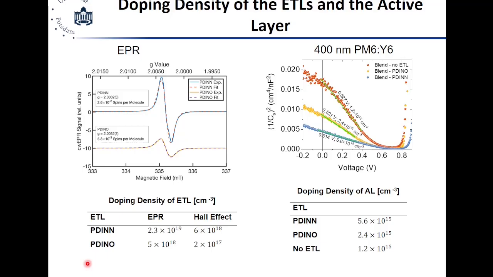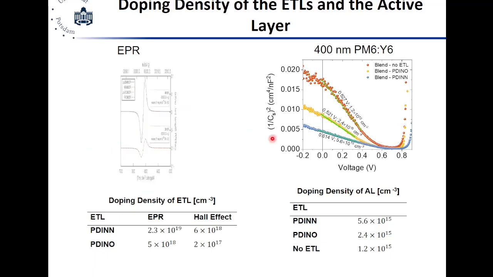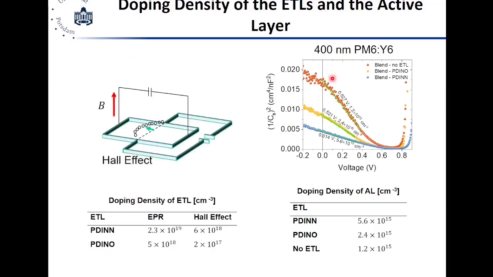For that, the Hall effect measurements show the charges that are drifting as a response to the applied magnetic field. The calculated charge carrier densities from this method also show a higher electron density for PDNN, and also a higher percentage of unpaired electrons are mobile in PDNN.